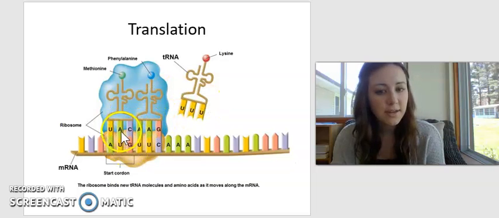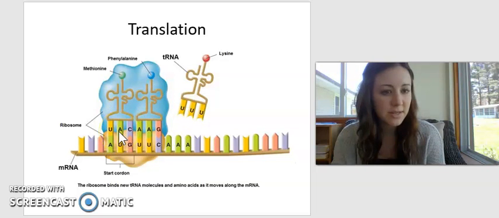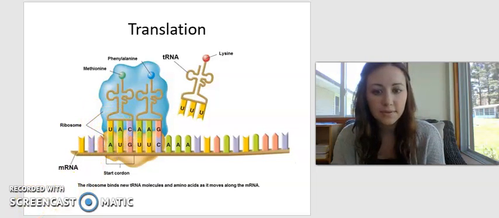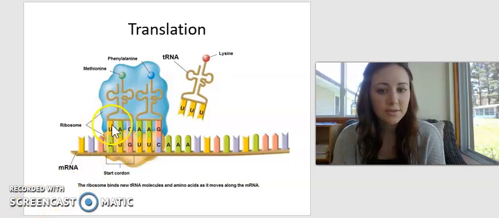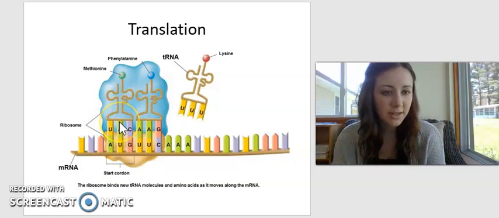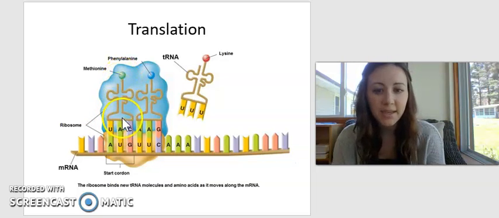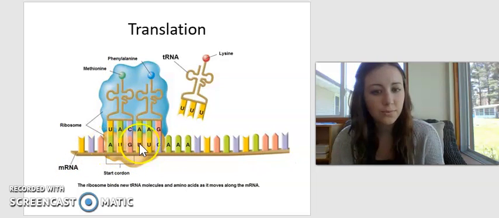The transfer RNA is going to bring the complementary base pairs, and those are going to be attached to each tRNA molecule. Each tRNA molecule is going to have an amino acid attached, like I said. Then this is going to keep going through.